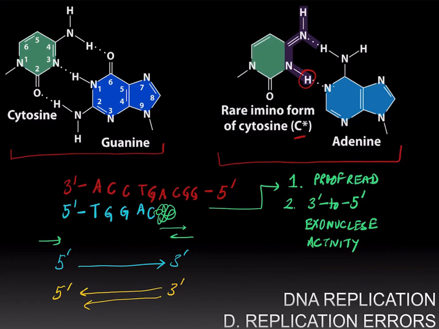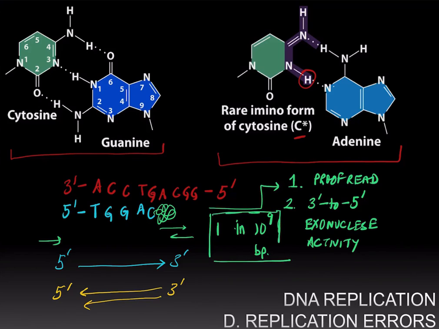So it can move in a 3' to 5' direction to excise through its exonuclease activity the mismatched base pair and put in the correct base pair. And because of this, DNA polymerase is highly accurate, and it makes one mistake in 1 billion base pairs.